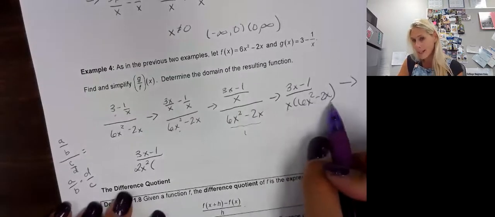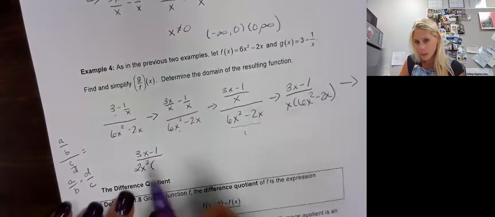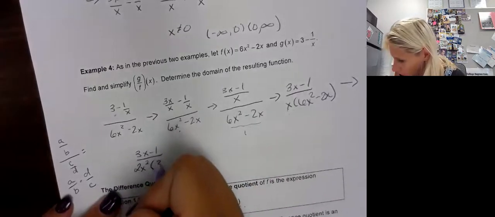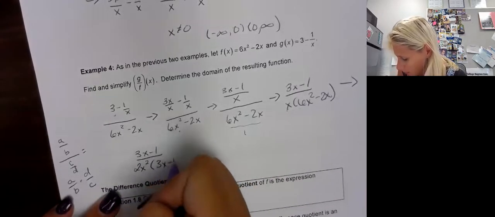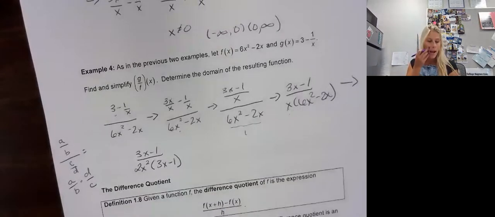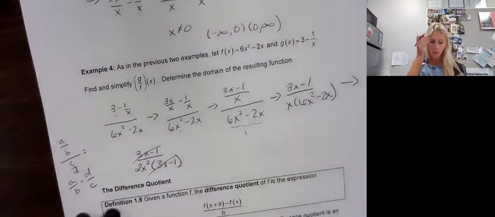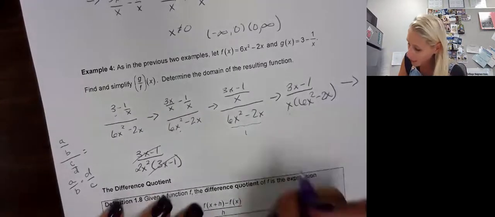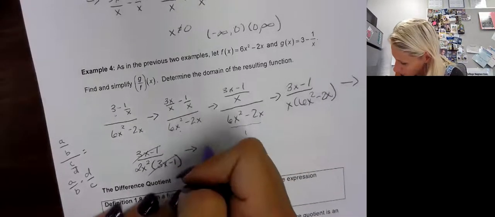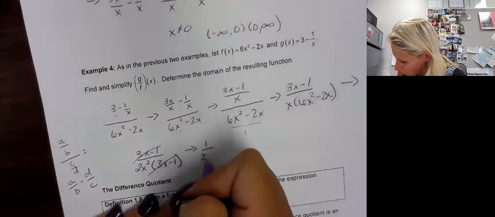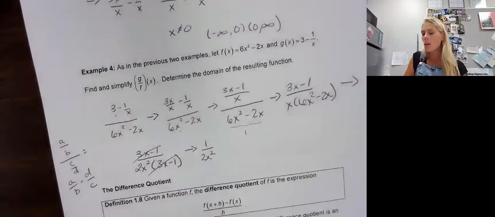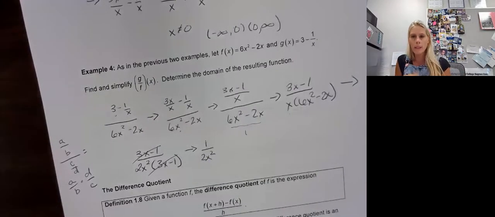Okay, so 2x times x is 2x squared, leaving 3x minus 1. What happens? These two cancel, which gives us 1 over 2x squared.